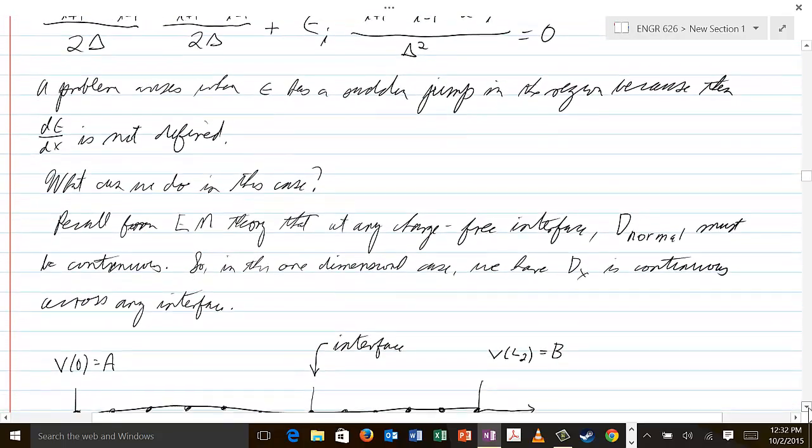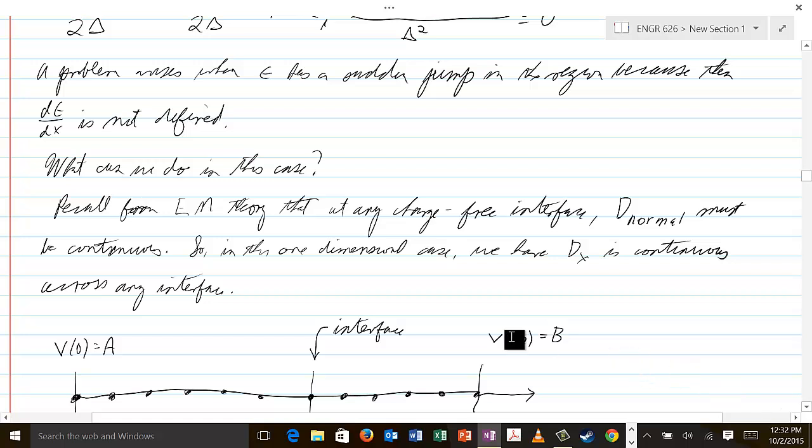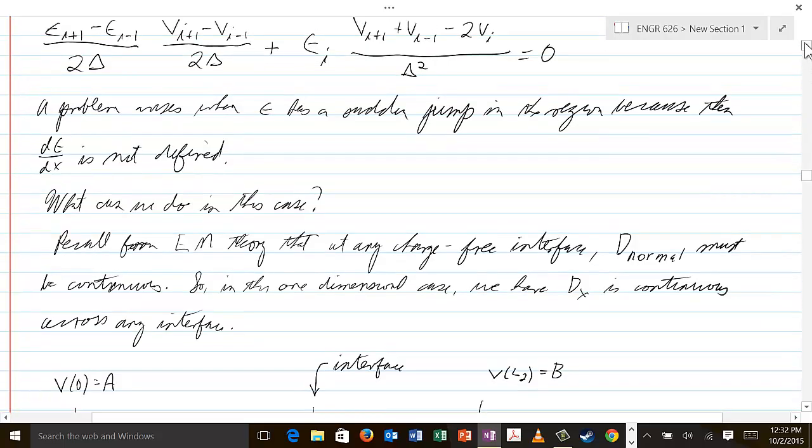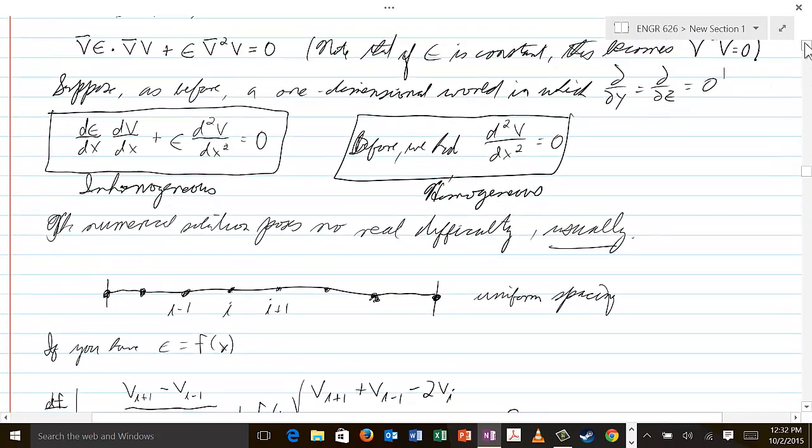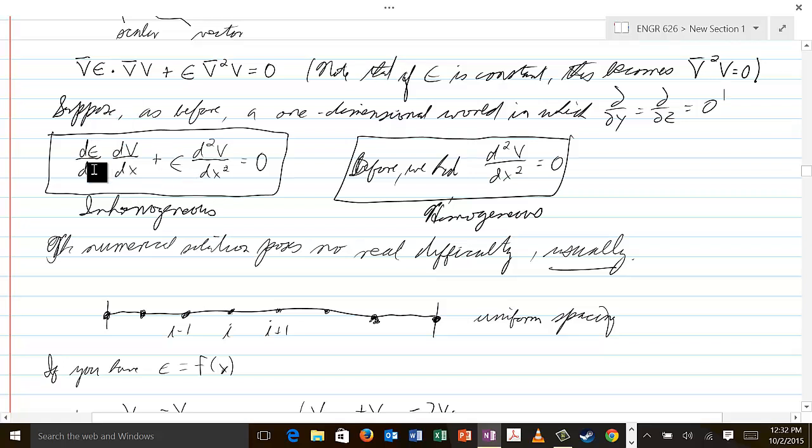But there is one case that poses a little bit more of a challenge, and so let's talk about that now, and then that will lead into our next computer project. A problem arises when ε has a sudden jump in the region, because then dε/dx is not defined. You see, here in our equation, we have dε/dx times dv/dx.